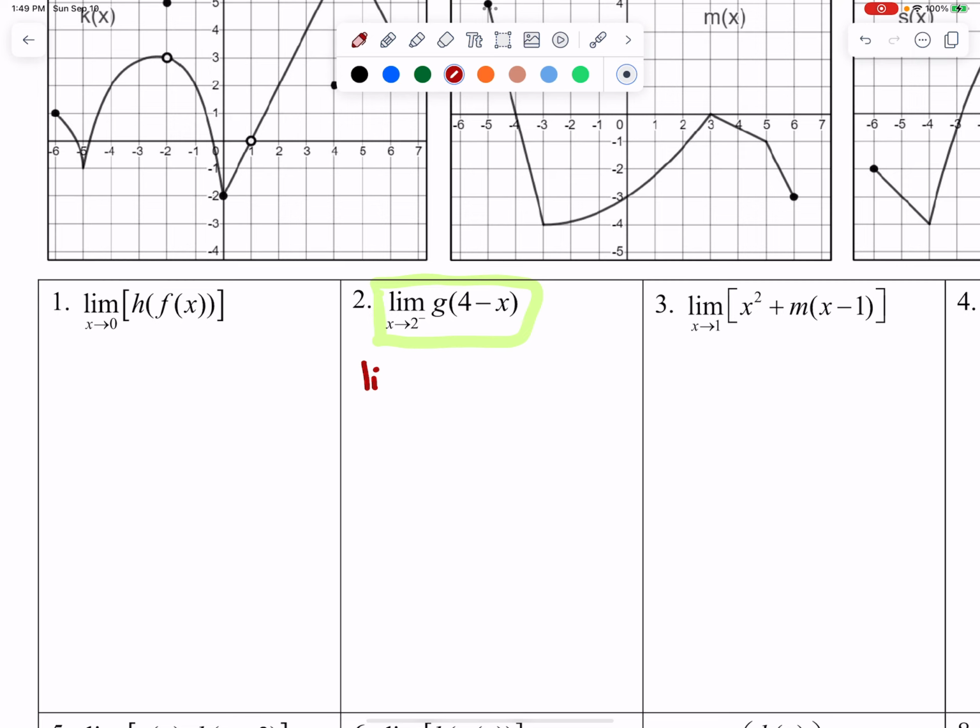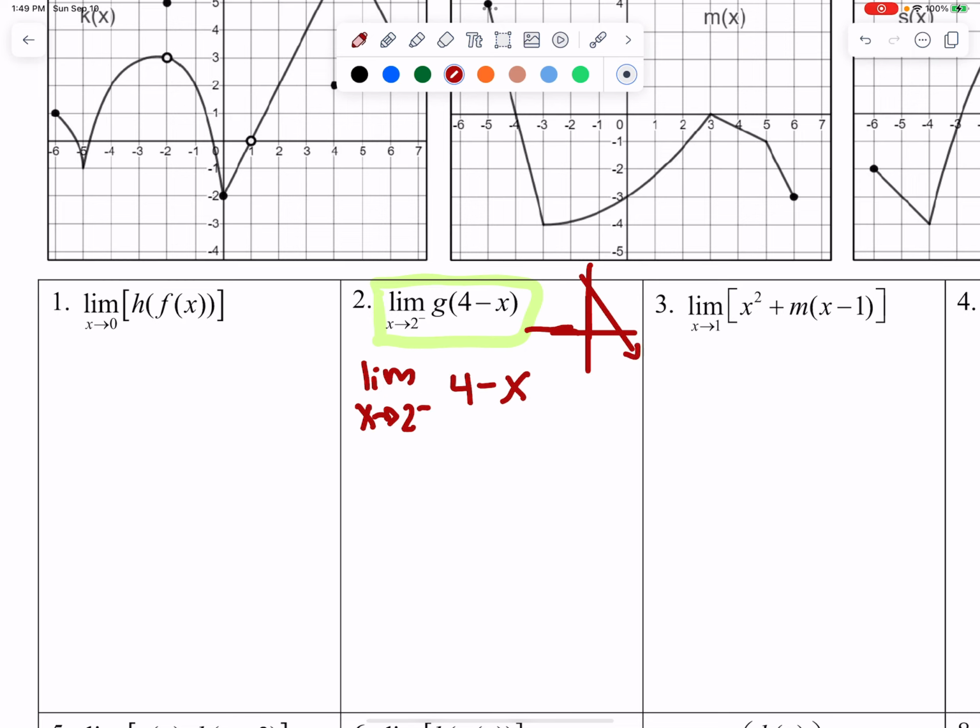So I want to find the limit as x approaches 2 from the left of 4 minus x. Now, it's going to be very important to draw this out because we need to figure out if that limit is going to be above or below whenever we find a 2 from the left. Even though it's continuous, yes, we just need to figure out, is it going to be above or is it going to be below?